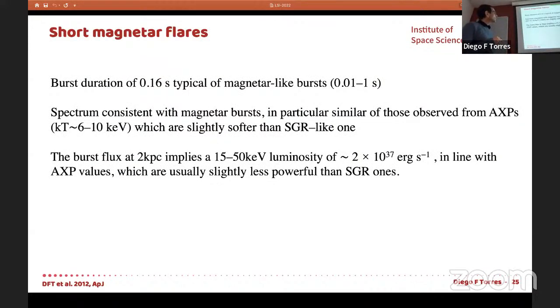The burst duration was 0.16 seconds. The spectrum was consistent with magnetar bursts, in particular those observed from AXPs. And you see that the luminosity was quite high, just in this small keV range.